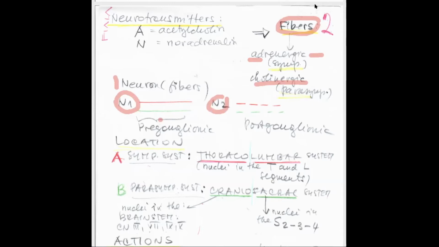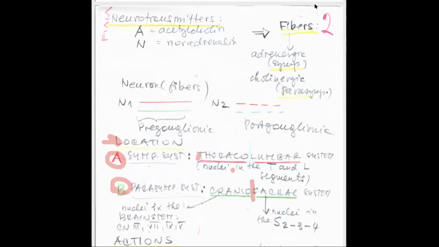This is the same. Concerning the difference between sympathetic and parasympathetic in the location, the sympathetic system we call thoracolumbar. So we see two parts, thoracic and lumbar system. Nuclei are in the thoracic and lumbar segments, while the parasympathetic system is called craniosacral.